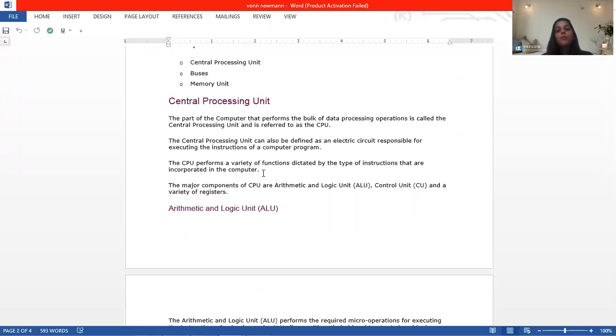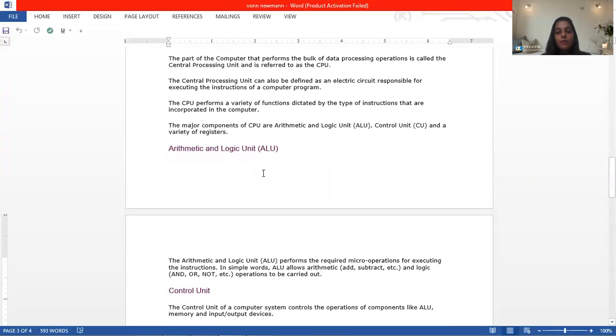The CPU performs a variety of functions dictated by the type of instructions that are incorporated in the computer. The major components of the CPU are the arithmetic and logic unit, control unit, and a variety of registers.